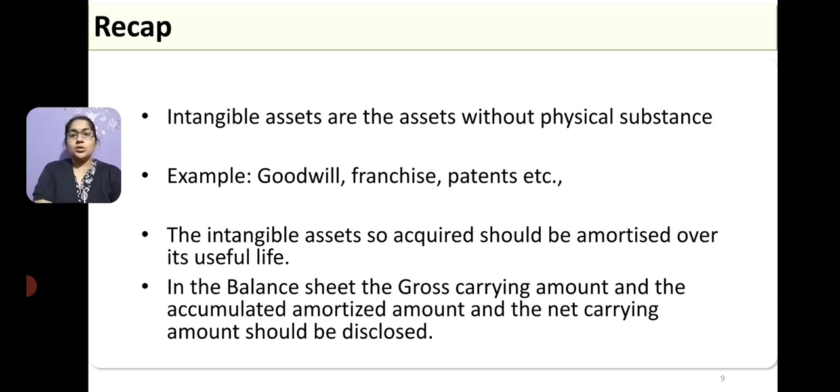Then intangible assets so acquired should be amortized over their useful life, and in the balance sheet we show the gross carrying amount, accumulated amortization, and the difference of this would be the net carrying amount, which has to be shown in the balance sheet. So, I hope you have understood the concept: what an intangible asset is, how we record it, how we amortize it, and in case the value has increased, how we record it to the revaluation reserve, and how we disclose it in the balance sheet.